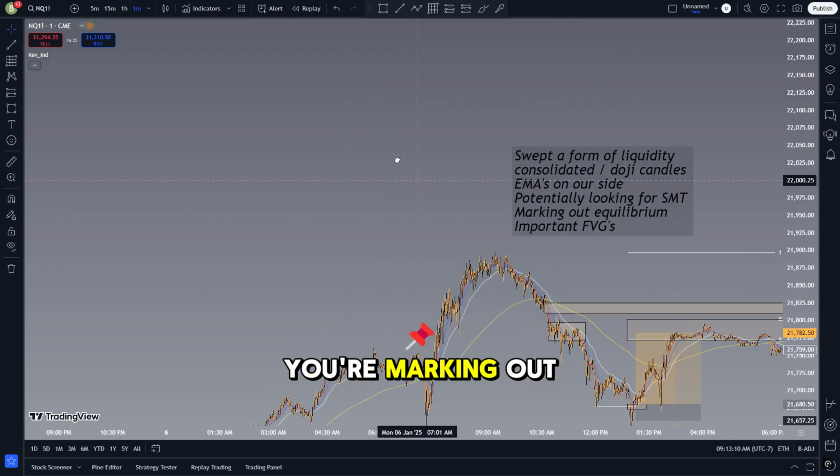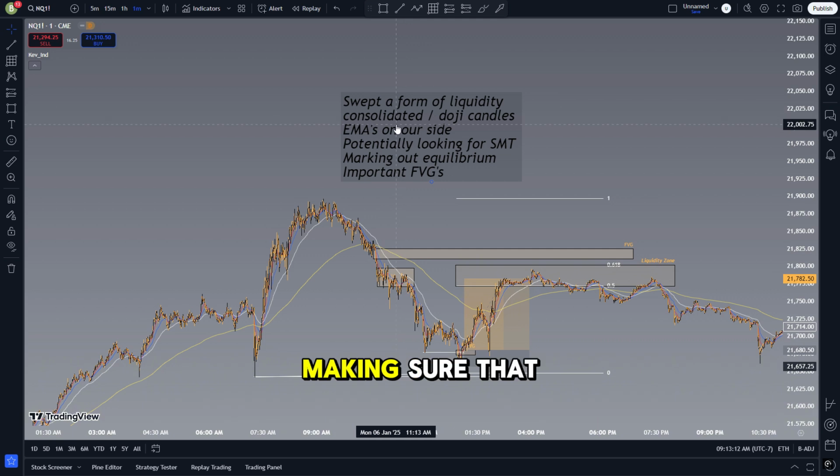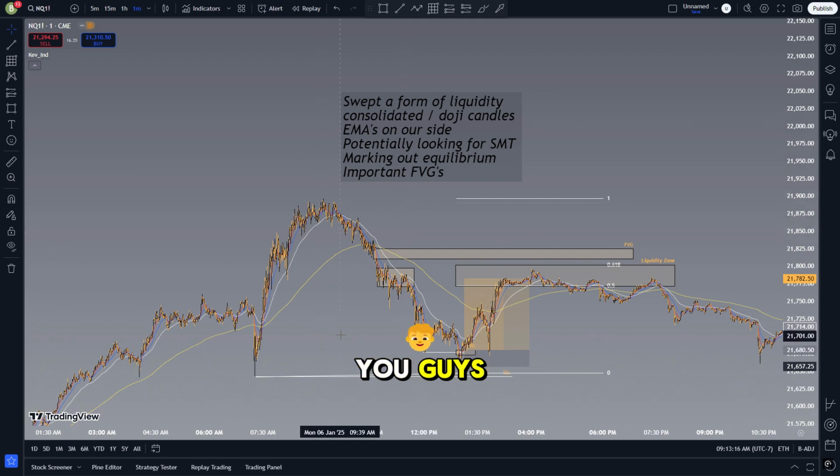Make sure that you're marking out all of these things, making sure that you're looking at all of these things. And I promise you guys, trading is going to become at least a little bit easier.